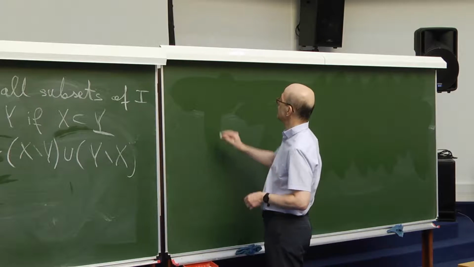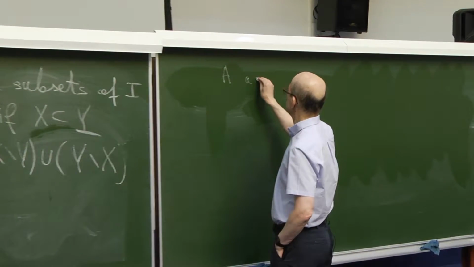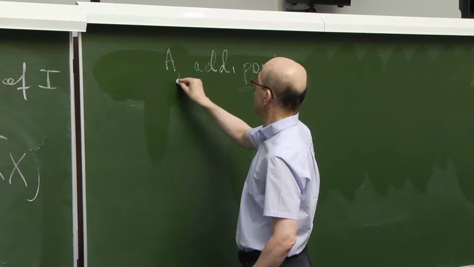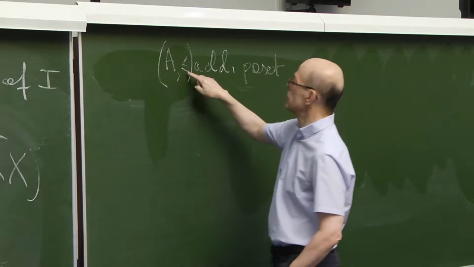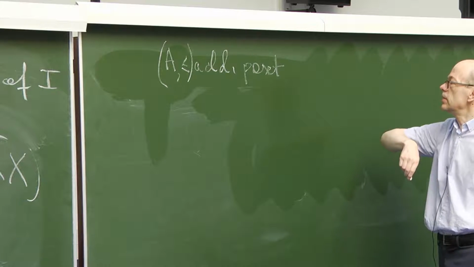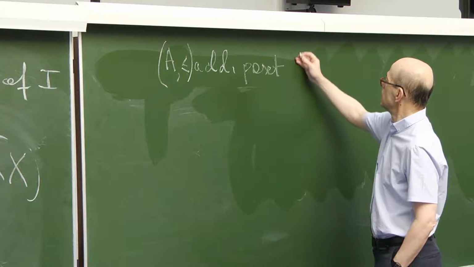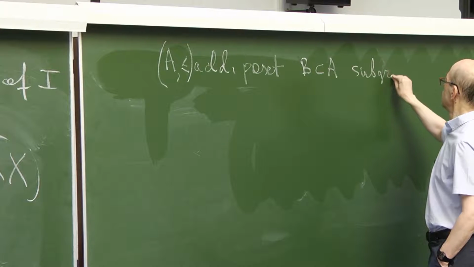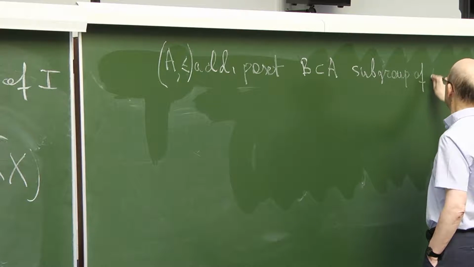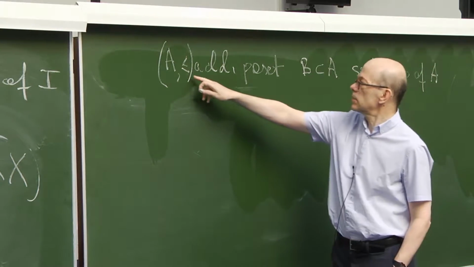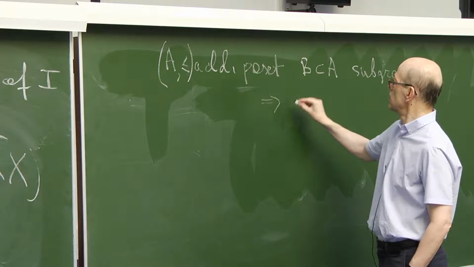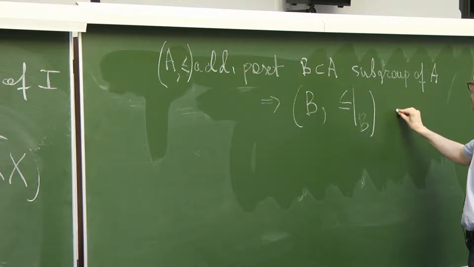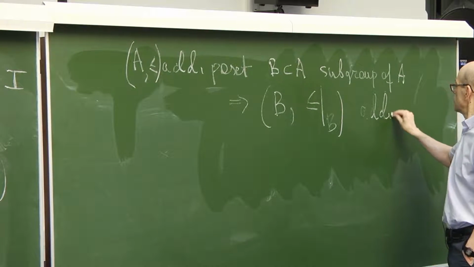So if you have an additive poset A, and you have a subgroup, let's say B, a subgroup of A, then I can restrict my partial order to B. B with a restriction is also an additive poset.